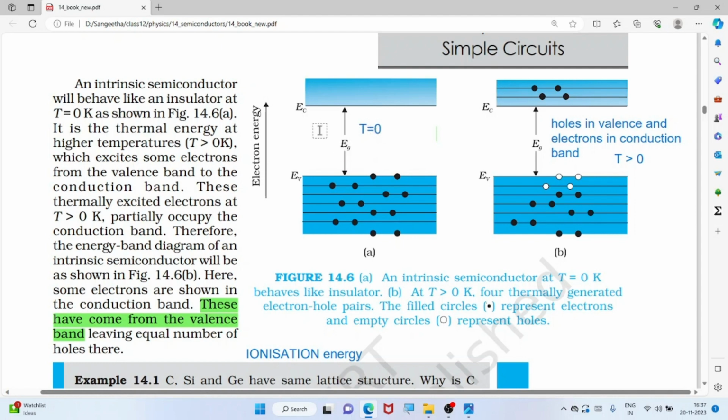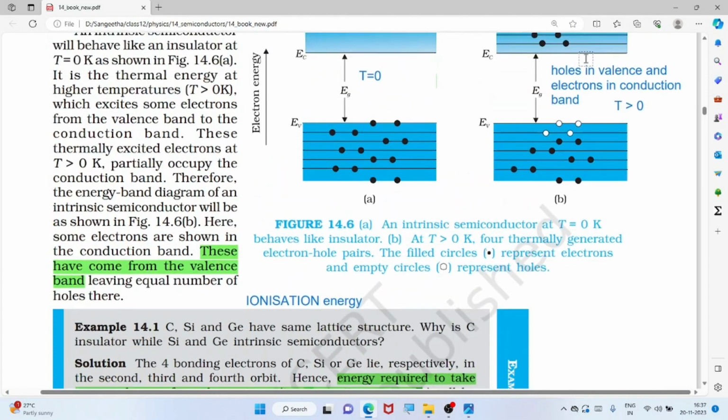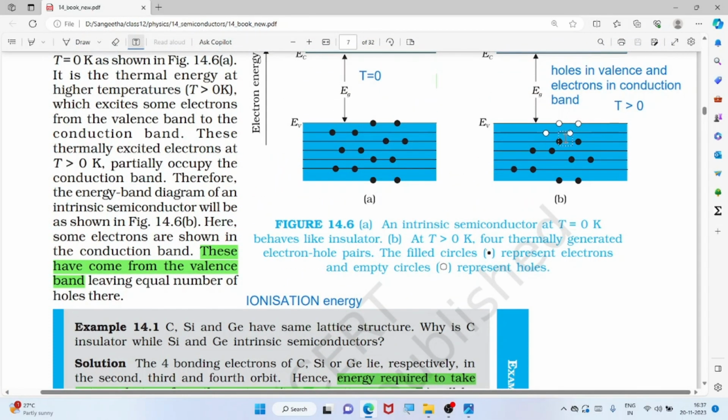At temperature 0, there are no free electrons in the conduction band, all electrons are in the valence band. But if you raise the temperature greater than 0, if you heat, then some electrons move from the valence band to the conduction band. So holes in the valence band and electrons in the conduction band, T greater than 0. Those electrons actually came from the valence band.